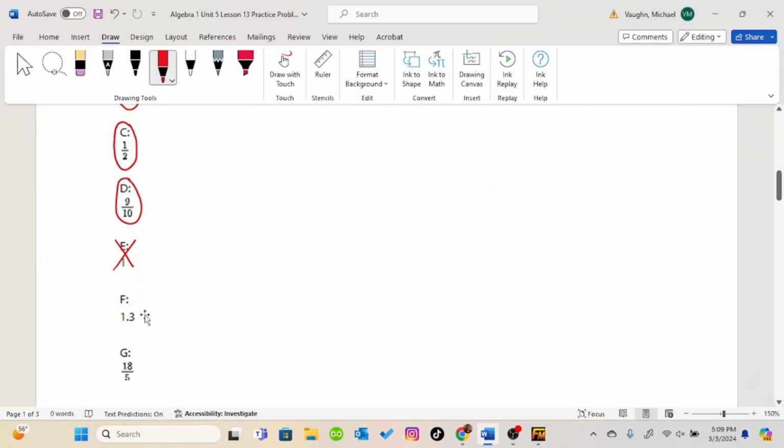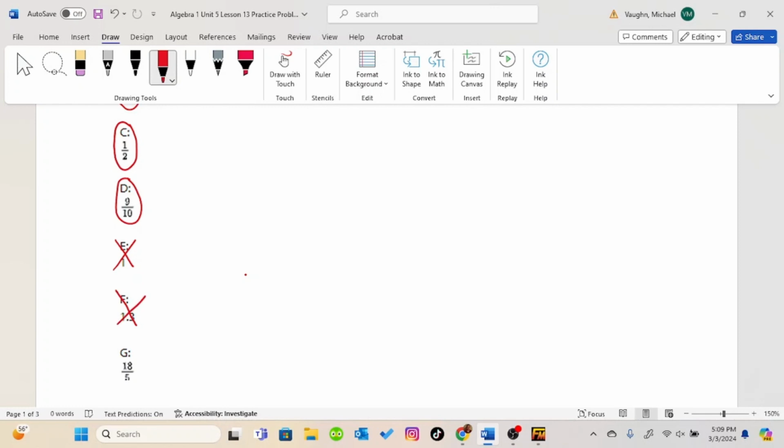Choice F is 1.3. 1.3 is greater than 1. So if we were to multiply by that over and over, the graph of our line would be going up, not down. So F could not be an answer.